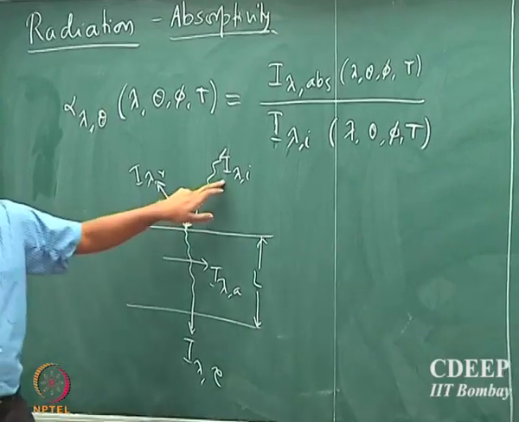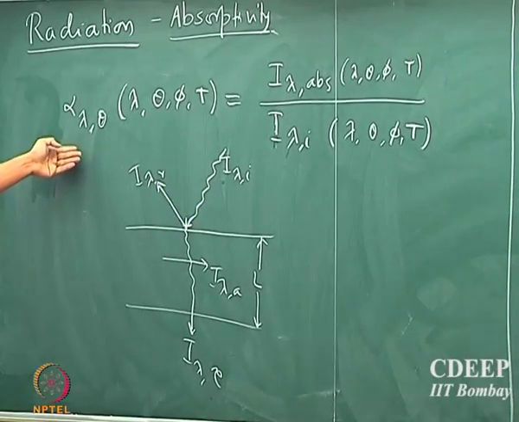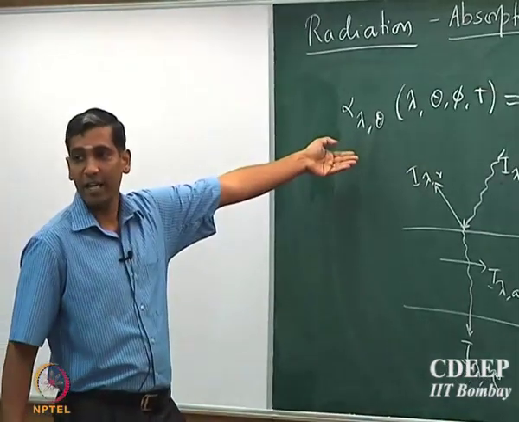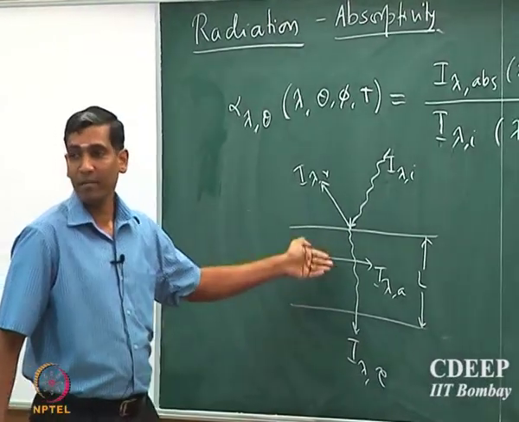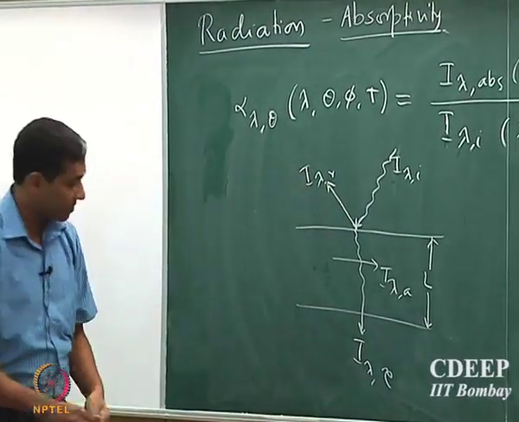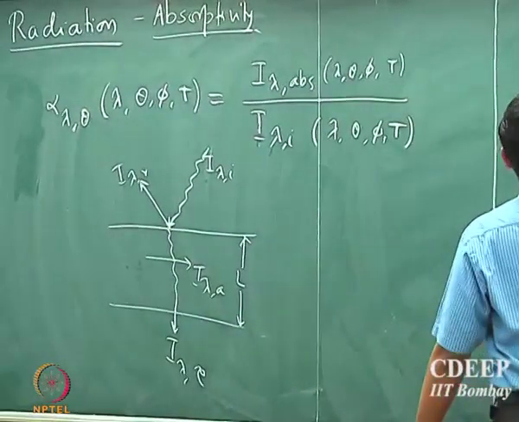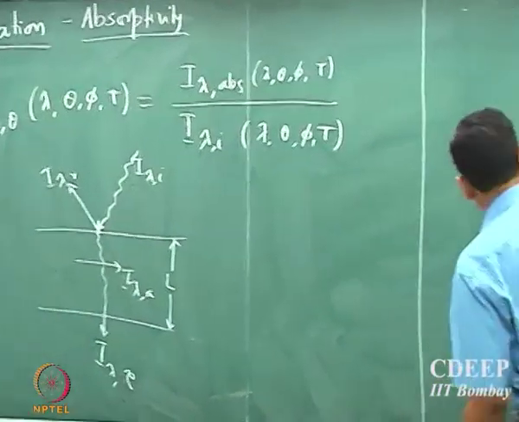If we know the total incident radiation, then a local absorptivity is simply defined as the ratio of the amount of radiation, or intensity of radiation, that is absorbed divided by the total incident radiation. Once again we can define things like spectral, hemispherical, etc., because it is position dependent and wavelength dependent.